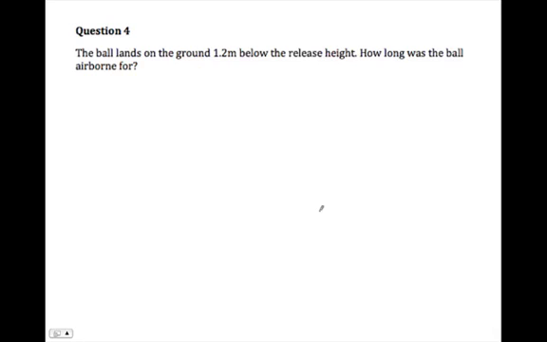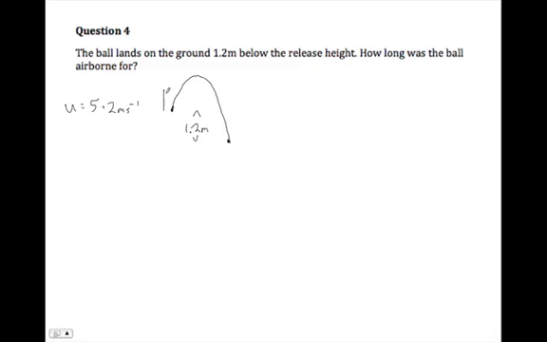Question 4. The ball lands on the ground 1.2 meters below the release height. So it starts here, goes up, finishes here. The distance from here to here is 1.2 meters. And our initial vertical velocity was 5.2 meters per second.